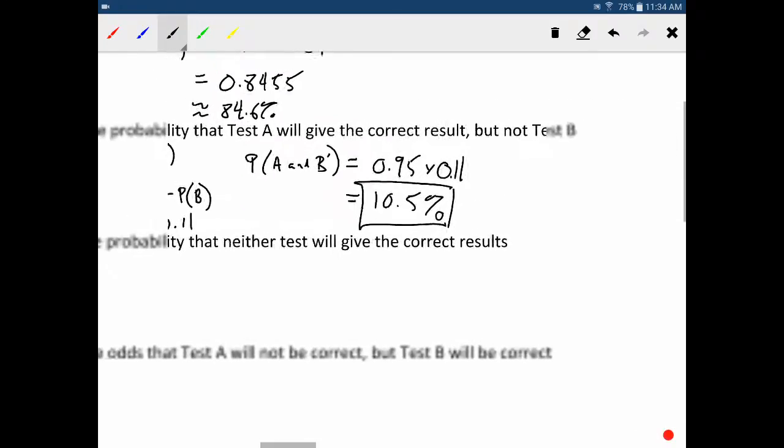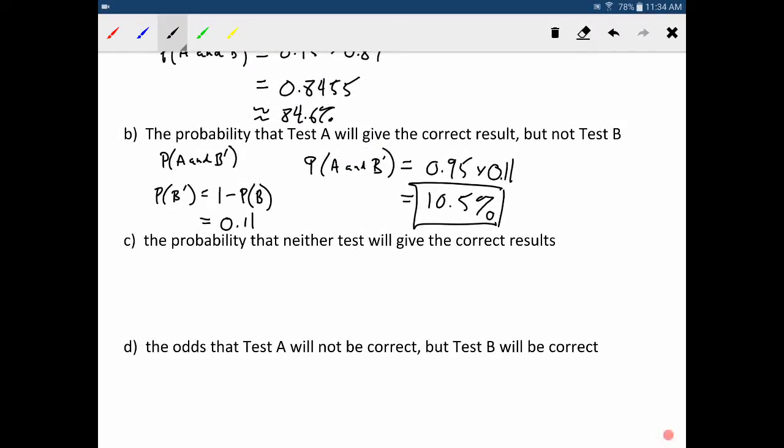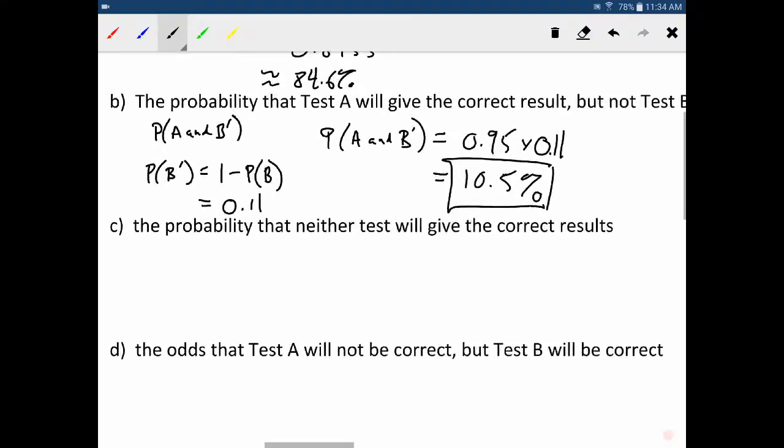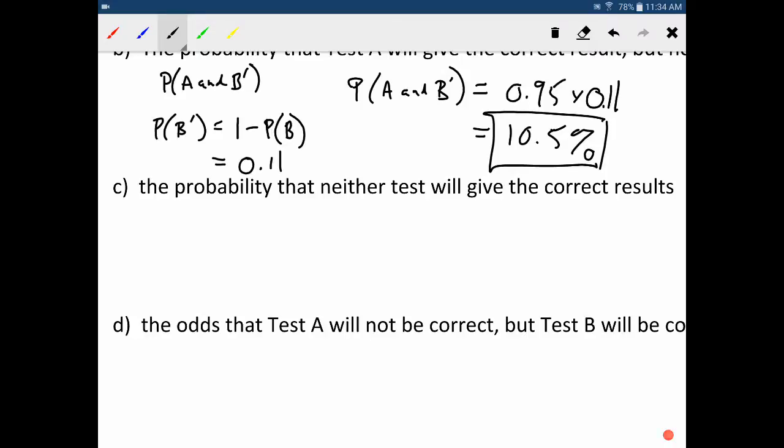So, what is the probability that neither test will give the correct result? Obviously, we want this number to be very small in this context. So we'll take a look. What we're looking for is the probability of A not happening and B not happening. We already talked about B not happening being 0.11. Event A was 95% likely to happen, so A not happening is going to be 0.05.